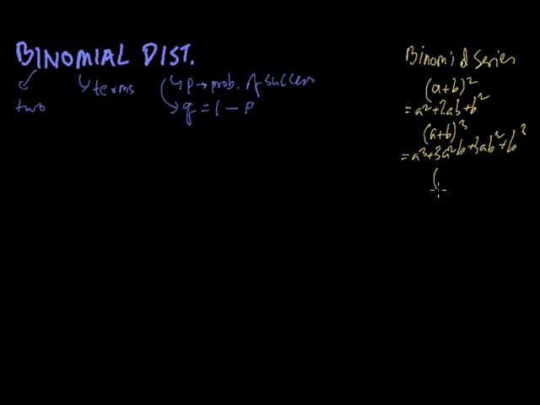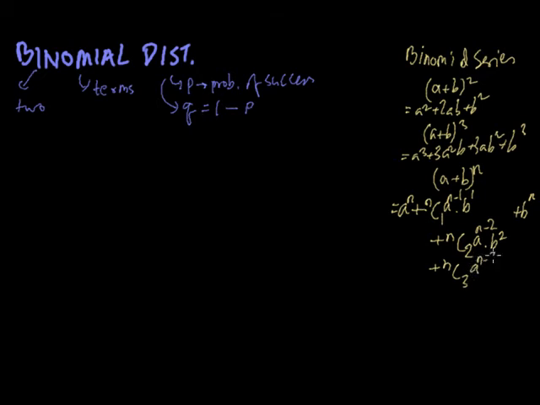Similarly, if we consider (a plus b) to the power n, a general term, then the rule for the binomial series to expand it is: the first one to the power n, and the last one to the power n, and between them a rule called combination: nC1, the first to the power n minus 1, the second to the power 1, plus nC2, the first to the power n minus 2, the second to the power 2, plus nC3, the first to the power n minus 3 and the second to the power 3.